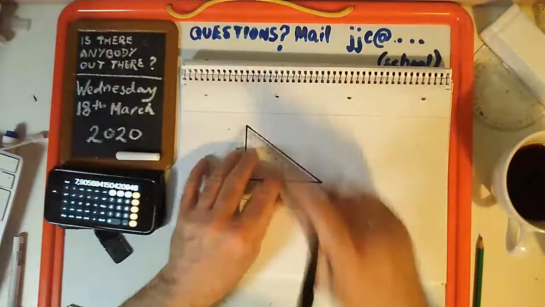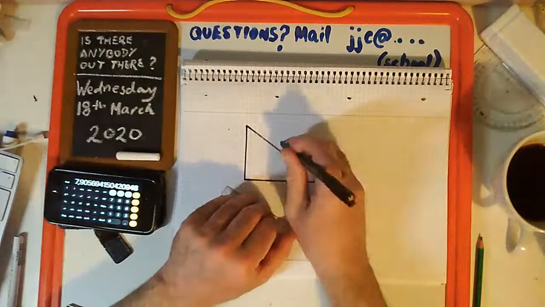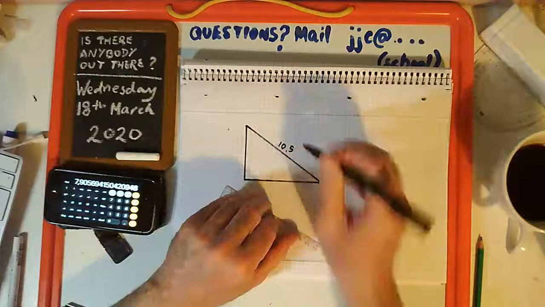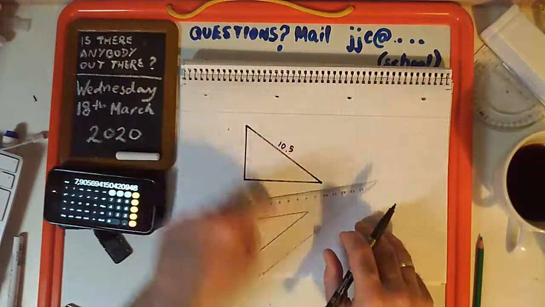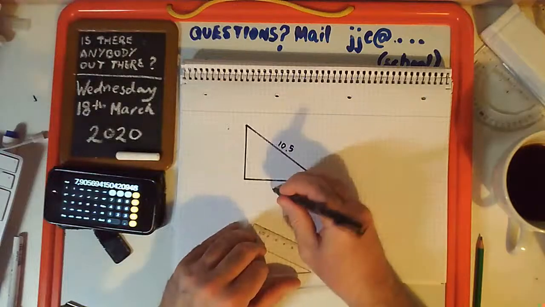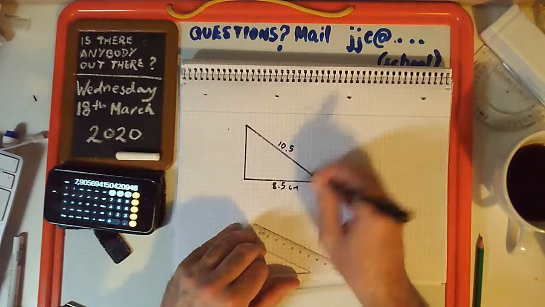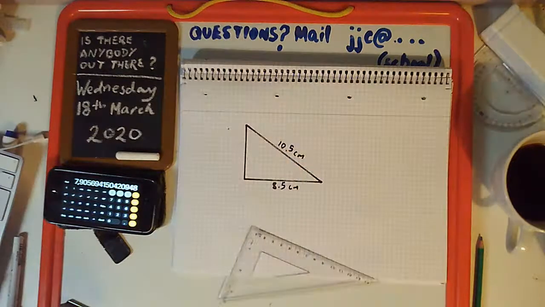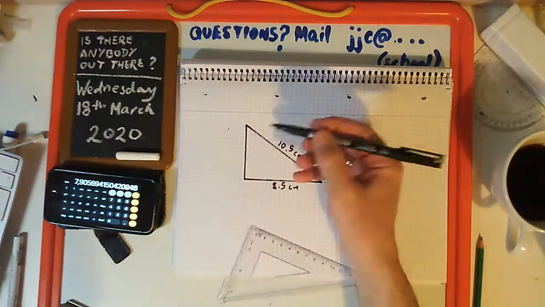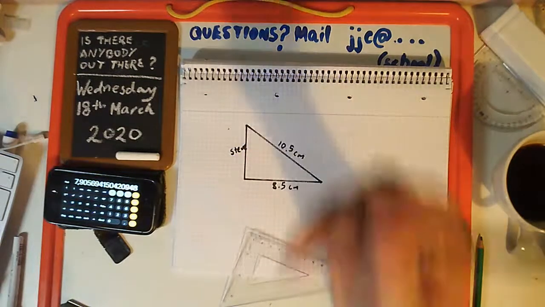This time I'm just going to measure the hypotenuse, and it's about 10.5 centimeters. Let's measure the base, and that's 8.5 centimeters. And then the missing side we need to label with a letter. Let's call it Steve. Why not?